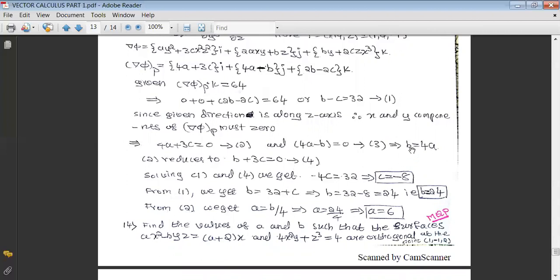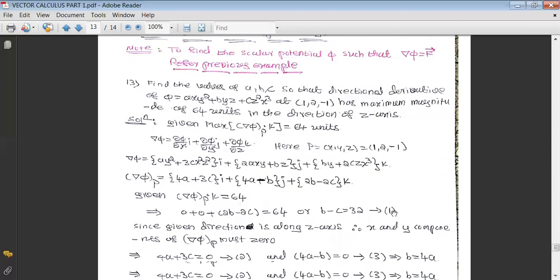Therefore, from equation 2, we have a equals b by 4, that is a equals 24 divided by 4. That leaves a equals 6.